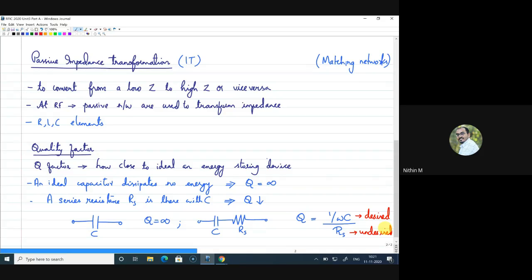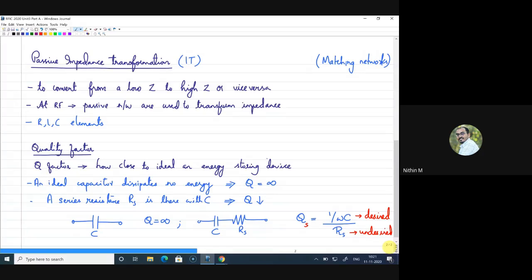When your RS is equal to 0, there is no resistance, and that gives you a Q factor of infinity. It is the same as the ideal. Since this Q factor is defined along with the series resistance, we give a subscript Qs, where Qs is equal to 1 by omega C into Rs.